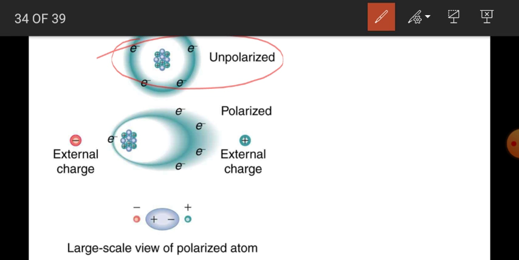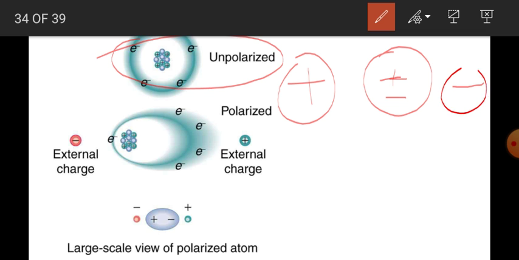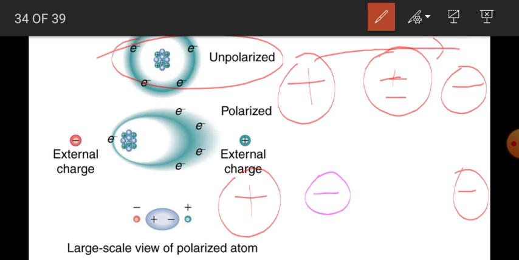Take an unpolarized atom, with a plus sign and a negative sign. When you keep it in an external electric field, what will happen? The external electric field is in this direction. The negative charge will come on this side, and the positive charge will shift to the other side.